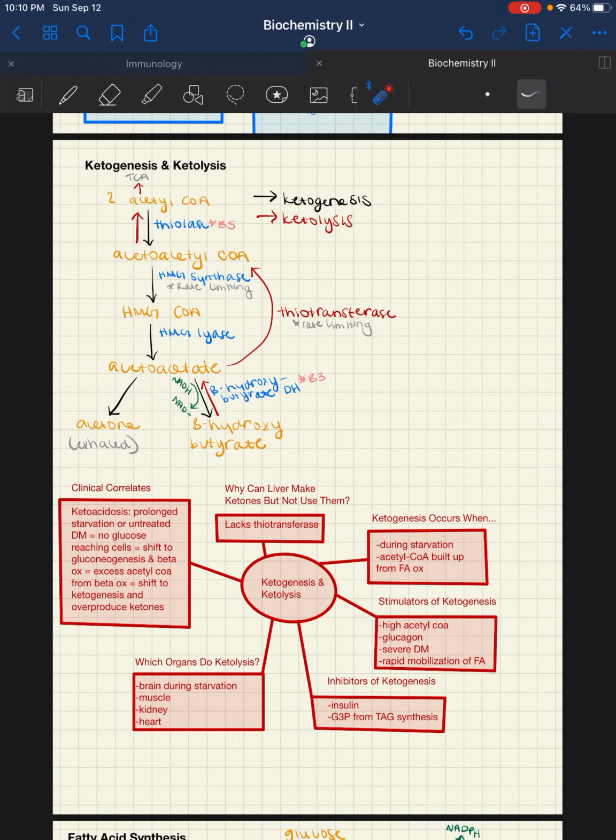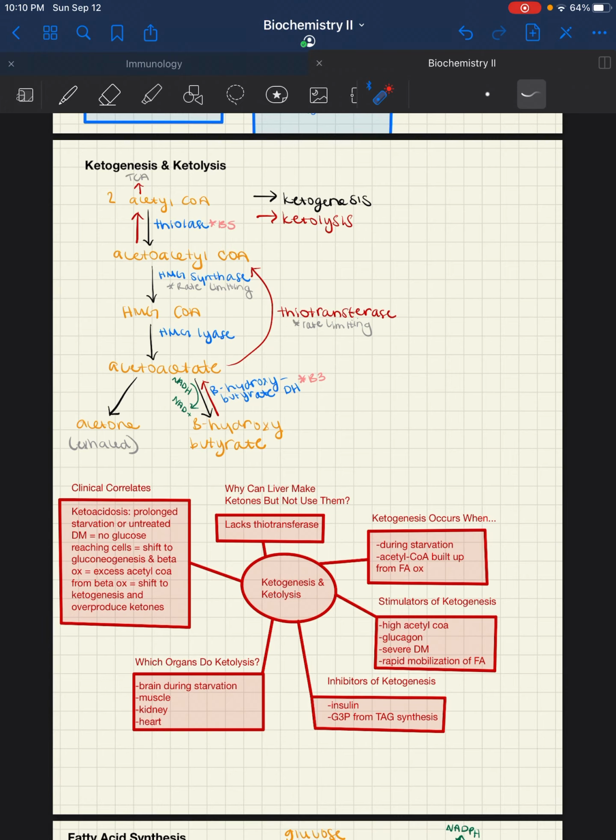So the three ketones that we make are acetoacetate, acetone, and beta-hydroxybutyrate. Like I said, beta-hydroxybutyrate is the most usable form. Obviously, we can't use acetone if it's being exhaled.